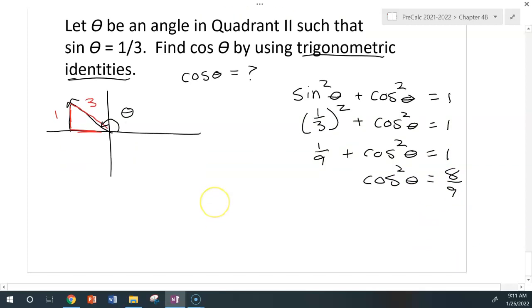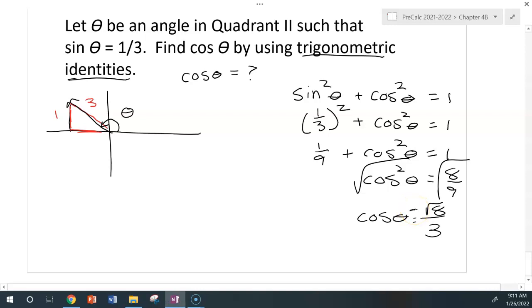I'm going to square root it. And remember, I can take both positive and negative because I'm writing in the square root myself. So I get cosine theta equals square root of 8 over square root of 9, which is 3. Since I wrote it in, I'm going to take both positive and negative, but I'm in quadrant 2, so I only want the negative.